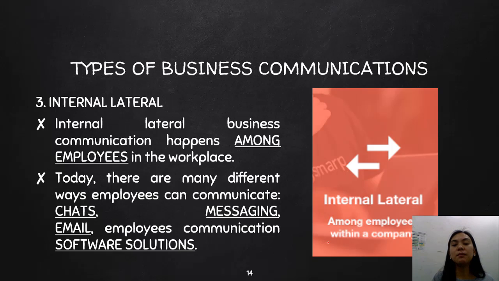For example, if I, as your instructor, communicate with another instructor of a different subject or of a different course, then that is a type of internal lateral communication since we are at the same level.